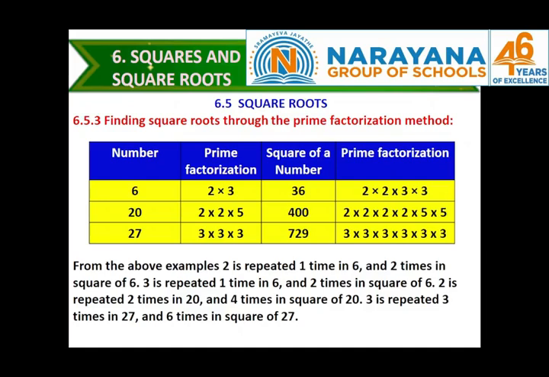So, 6 consists of one 2 and one 3, whereas 6 square consists of two 2s and two 3s. 27 consists of three 3s and its square value consists of six 3s. So, the number of prime factors doubles when we are doing the square.